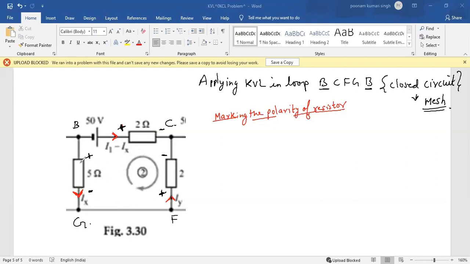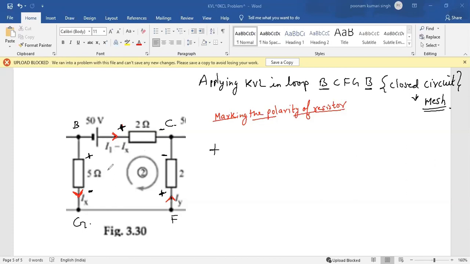Let me start with this. I am coming from minus to plus, that means rise in potential, so it is always associated with a plus sign. Here we are talking about potential or voltage. V is nothing but I into R. What is I and what is R we have to write.